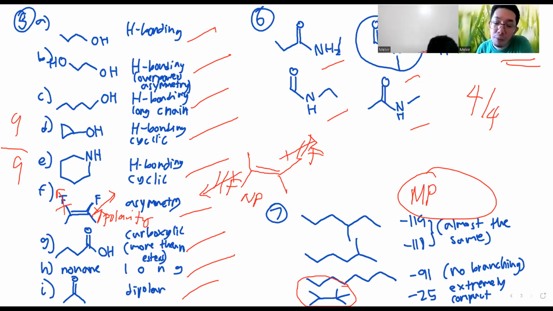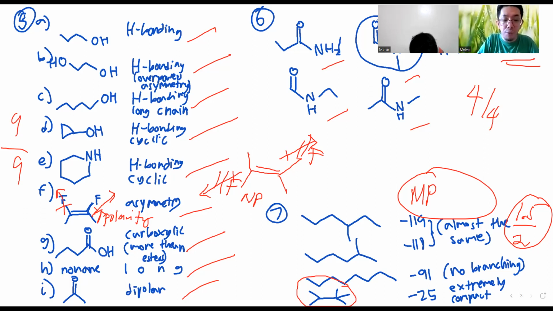So, I'll give you 1 point, then 1 point sa explanation. I'll give you 0.5 for this. 1.5 over 2 ka lang dito. Okay. Record ko lang muna yung 6, 7, 8 mo. This is 4 out of 4.